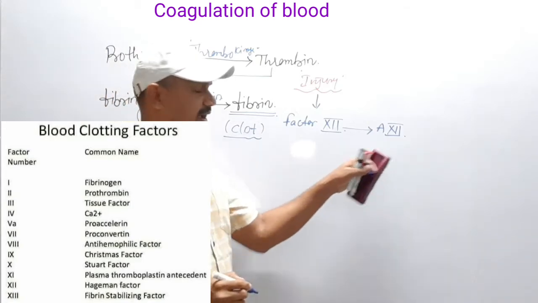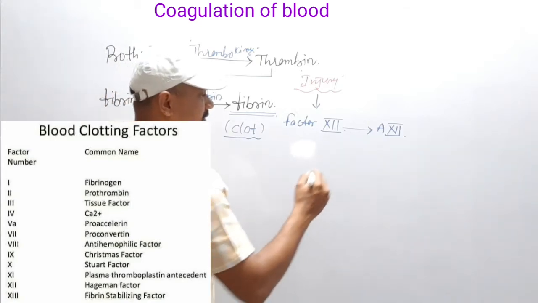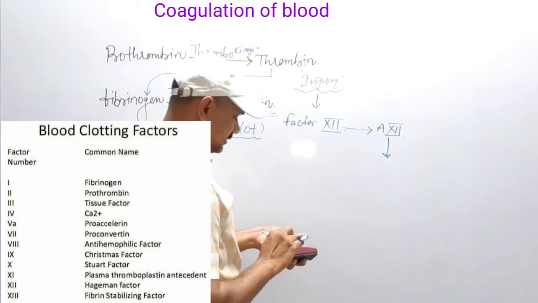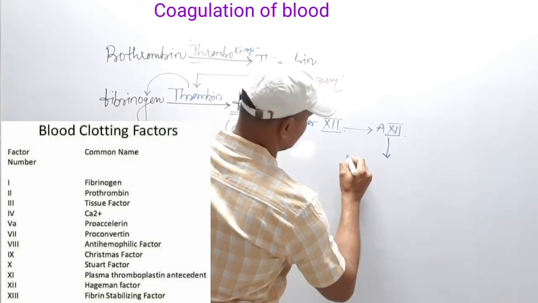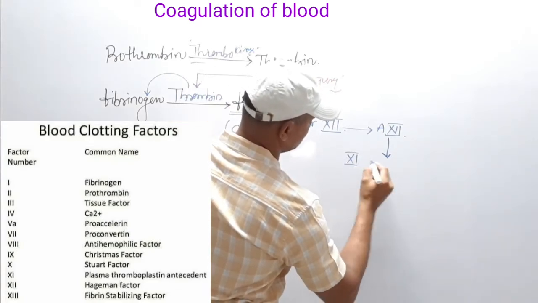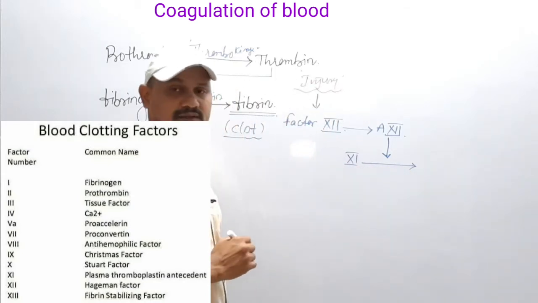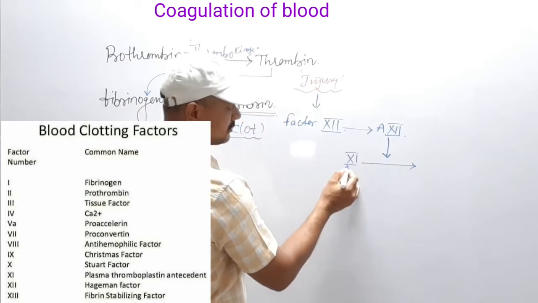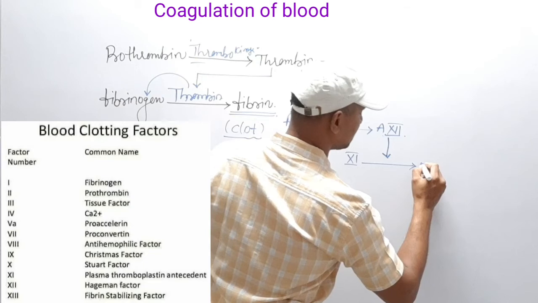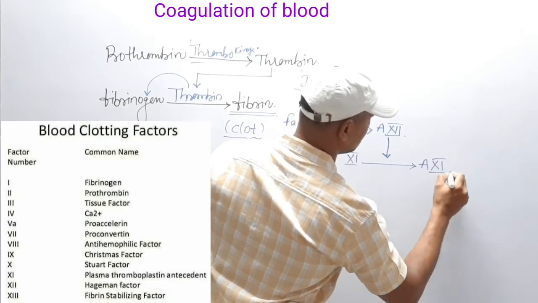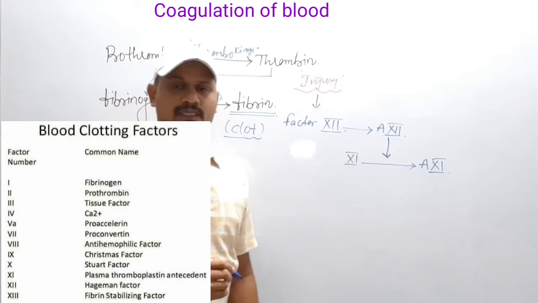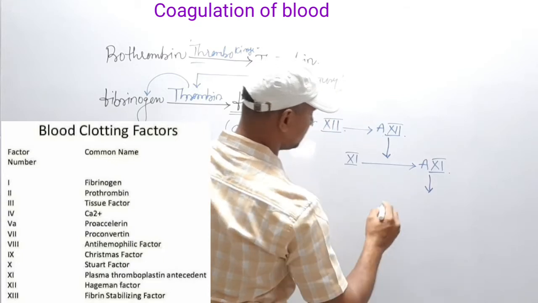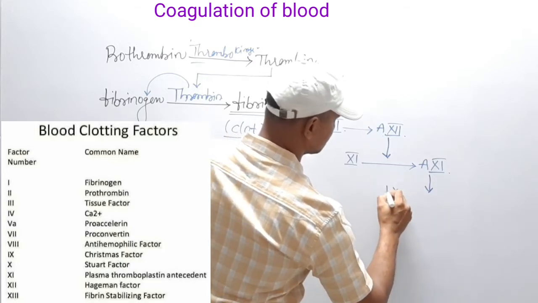Now the activated factor 12 mainly acts on factor 11. When factor 12 is activated, it acts on factor 11, and it is also immediately activated. Now the activated factor 11 acts on the 9th factor.